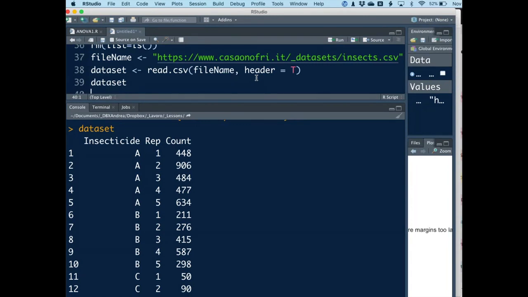Is that okay? I'll tell you what this data set is about.